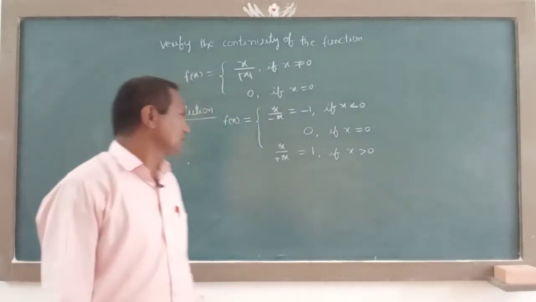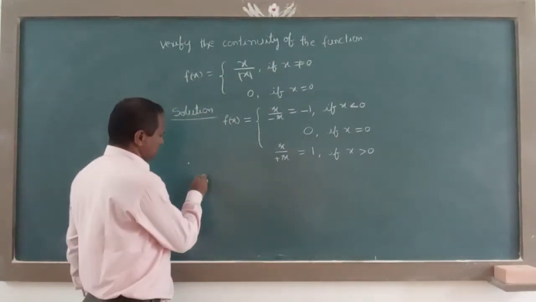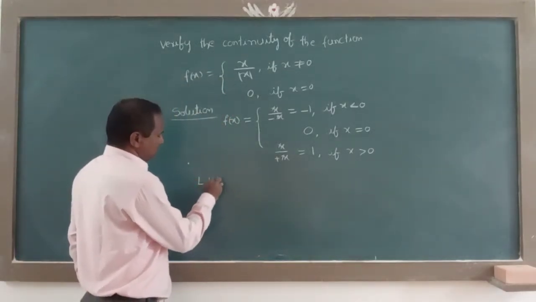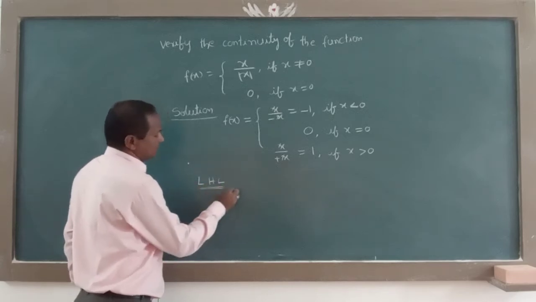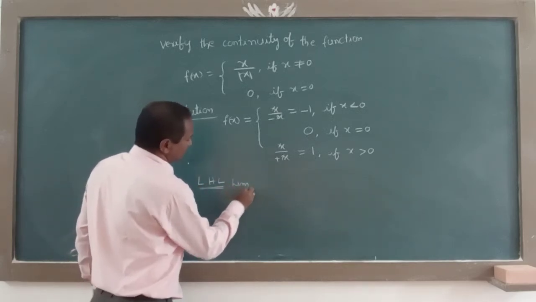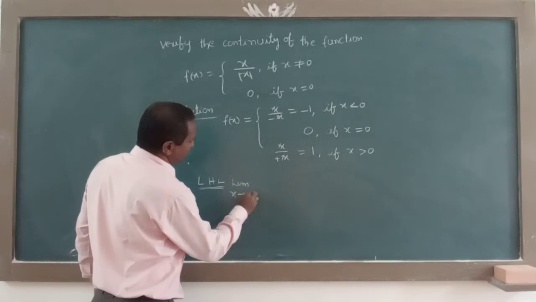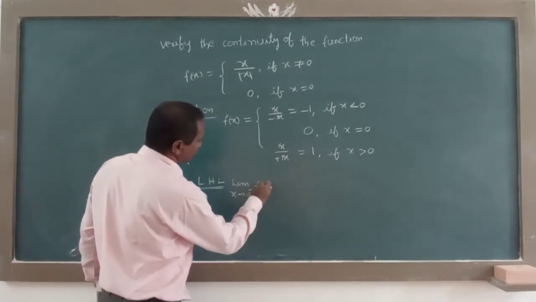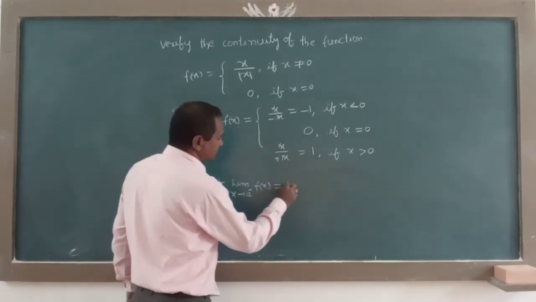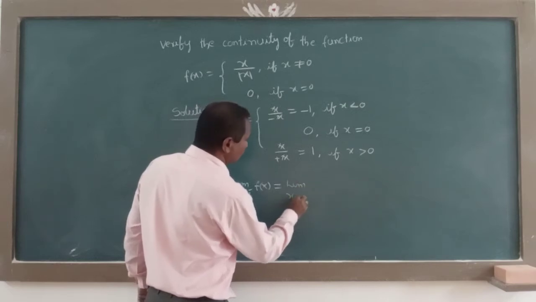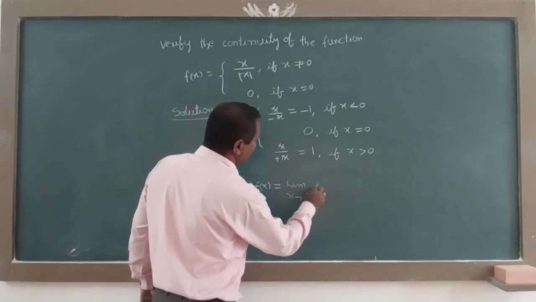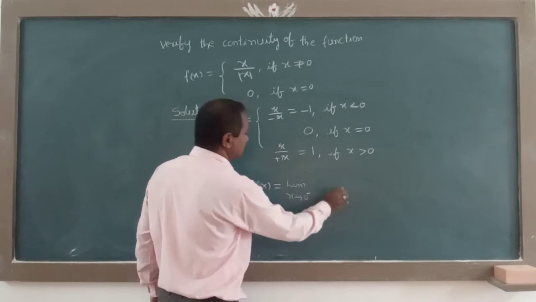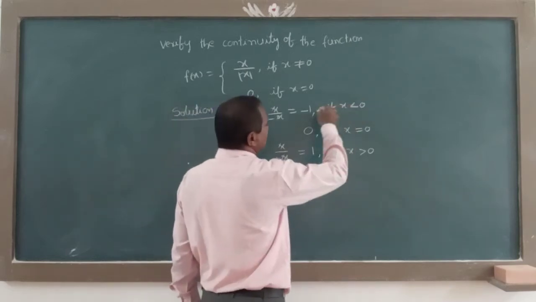Here, LHL is the limit as x tends to 0 minus of f of x. For the less than symbol, f of x value is minus 1.